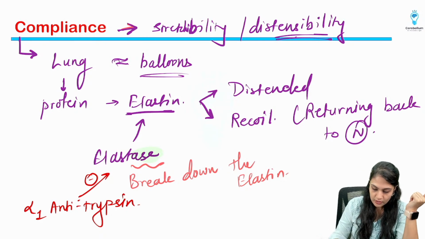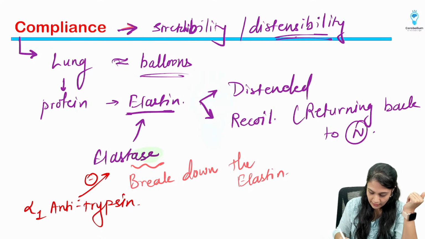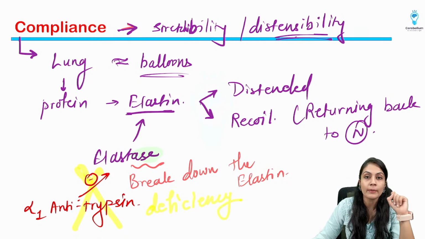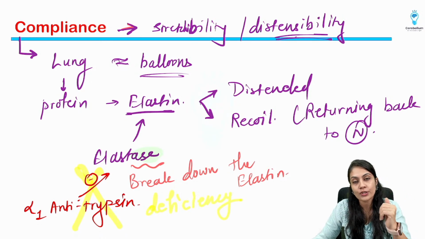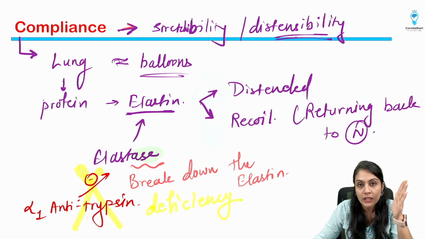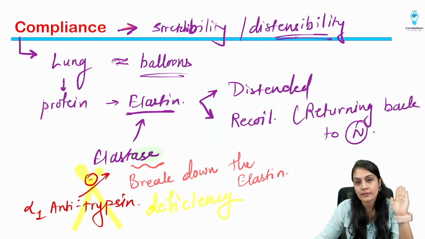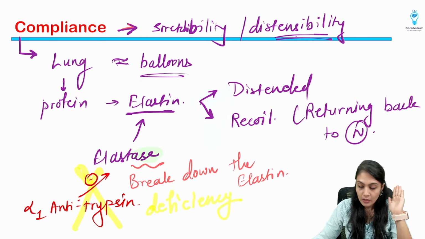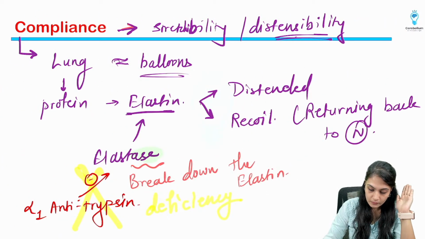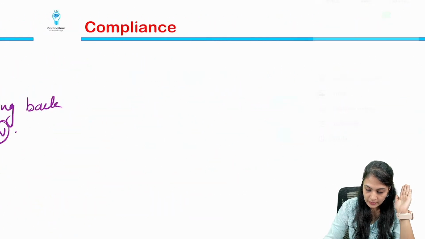So if there is a deficiency of alpha-1 antitrypsin, it won't be able to act. If it is not able to act, will the elastase be inhibited? No, there is no negative regulation of it, and that's why there will be more and more breakdown of the elastin protein, and definitely we are going to lose that stretchability or distensibility, right? So that is the clinically applied aspect of alpha-1 antitrypsin deficiency.